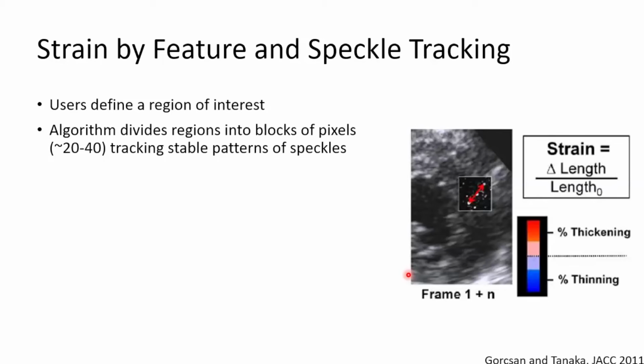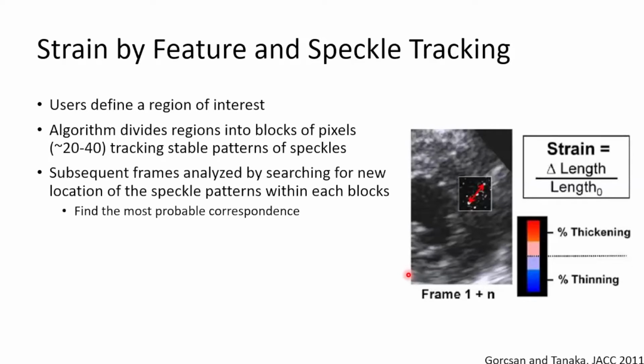When we do speckle tracking, and I'll go into a little more depth on the algorithm workflow, we typically first begin by defining a region of interest that we're interested in looking at the speckle tracking in. The computer algorithm divides it into blocks of pixels, usually made up of about 20 to 40 pixels, and they essentially track the stable patterns of these pixels over the subsequent frames.